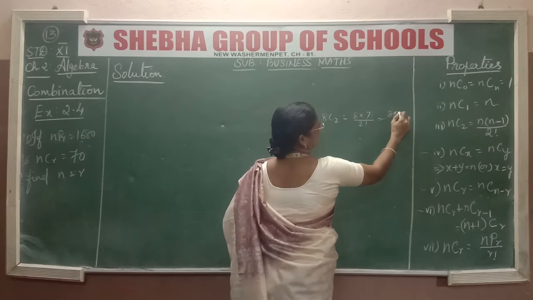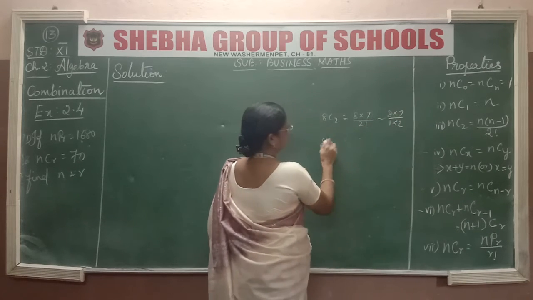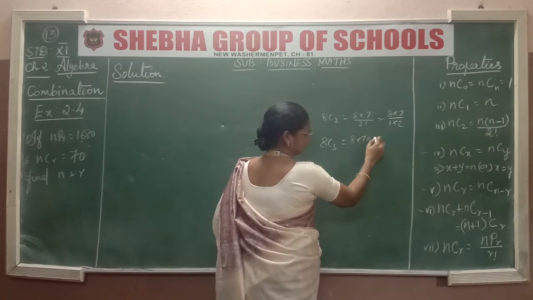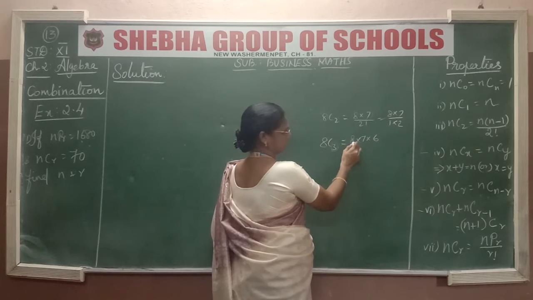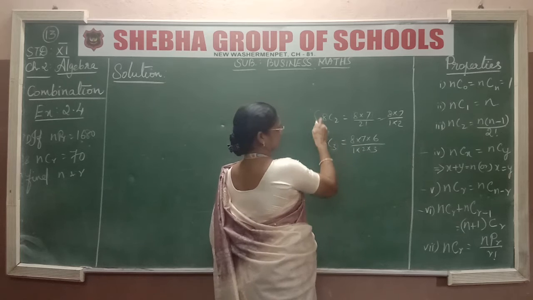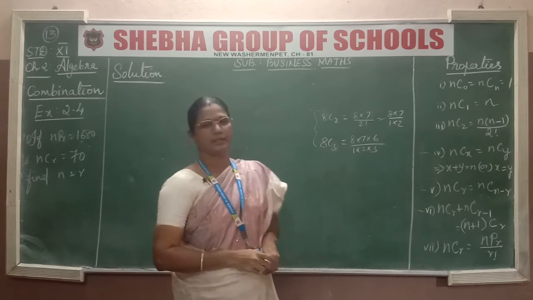That is 8 into 7 by 1 into 2. Similarly 8C3 becomes 8 into 7 into 6, up to 3 terms, and the denominator is 1 into 2 into 3. So this is the short form of nCr.